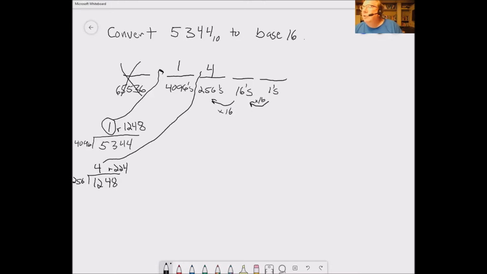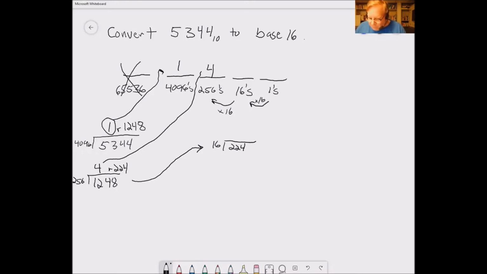Now I still have 224 that I have to package up in the base 16 world. So I'm going to take that 224 and divide by the next package size smaller. Now I'm down to the 16s.